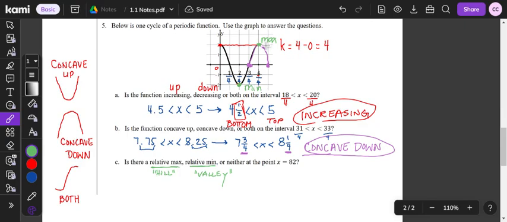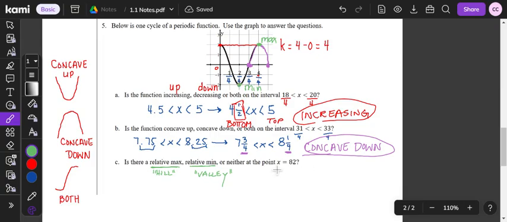I'm at a max. Okay, the bottom, the minimum, this is every 2 steps, or 2 out of 4, that's halfway across my wave. In other words, if I divide this by 4 and I get a number with a 1/2 on the end of it, that means I must be at a minimum, a relative minimum.